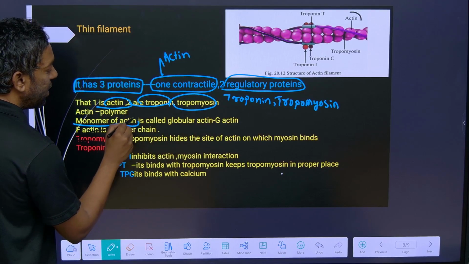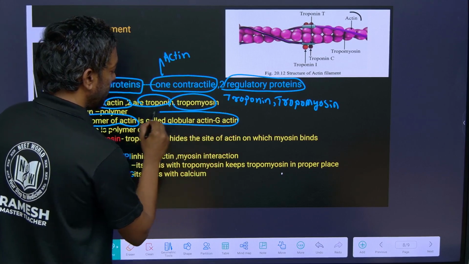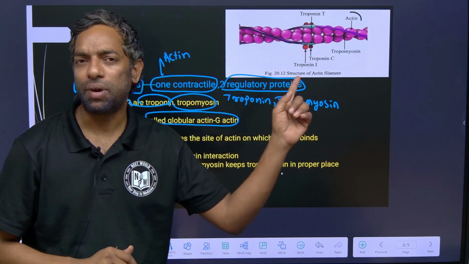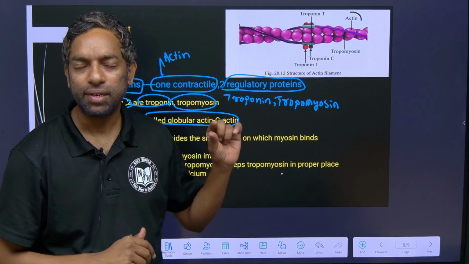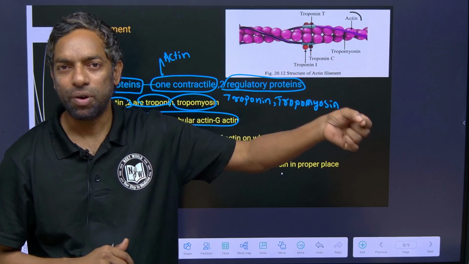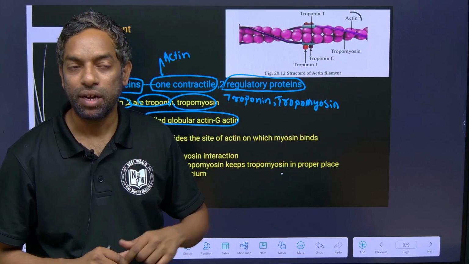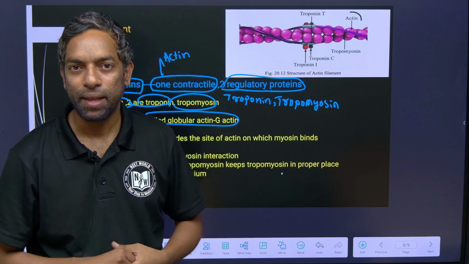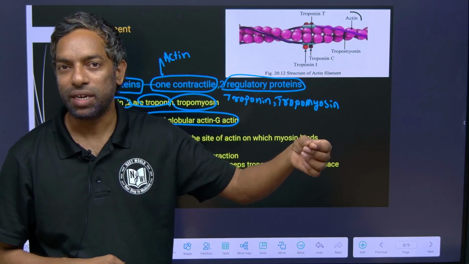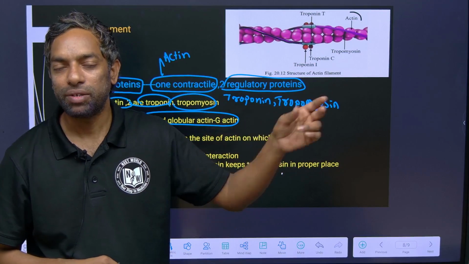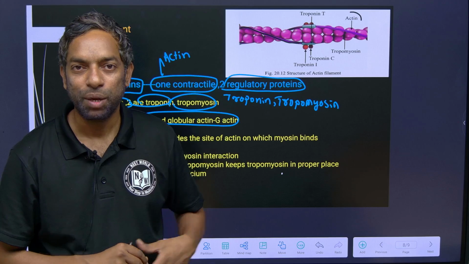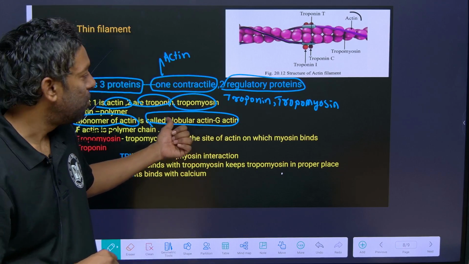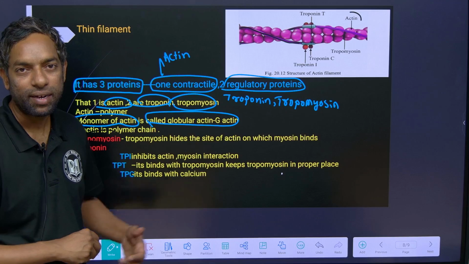The monomer of actin is called the globular chain, G-actin. Guys, this is a contractile protein, and this is also a polymer. Actin is the thin filament contractile protein, which is a polymer, and myosin is the contractile protein in the thick filament, which is also a polymer. The unit of the myosin chain is meromyosin, but here the unit in the chain is the globular chain, which we can call G-actin.